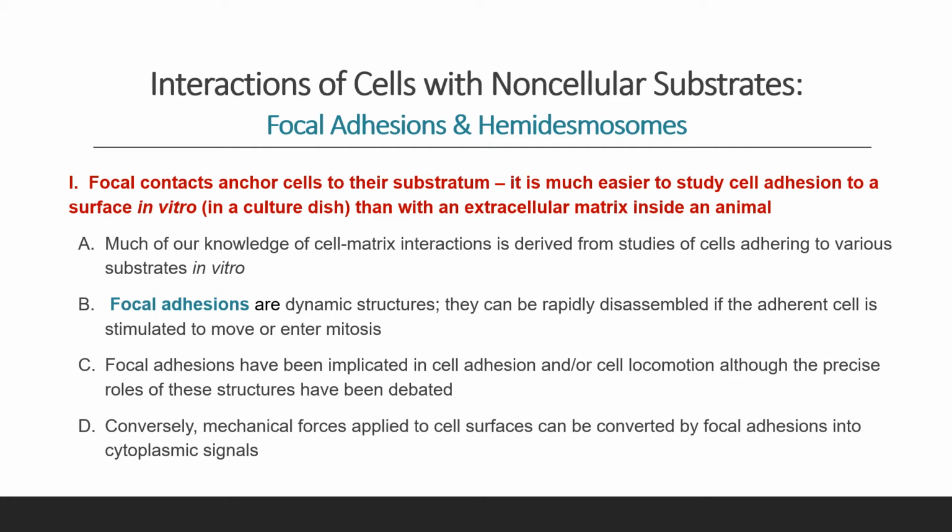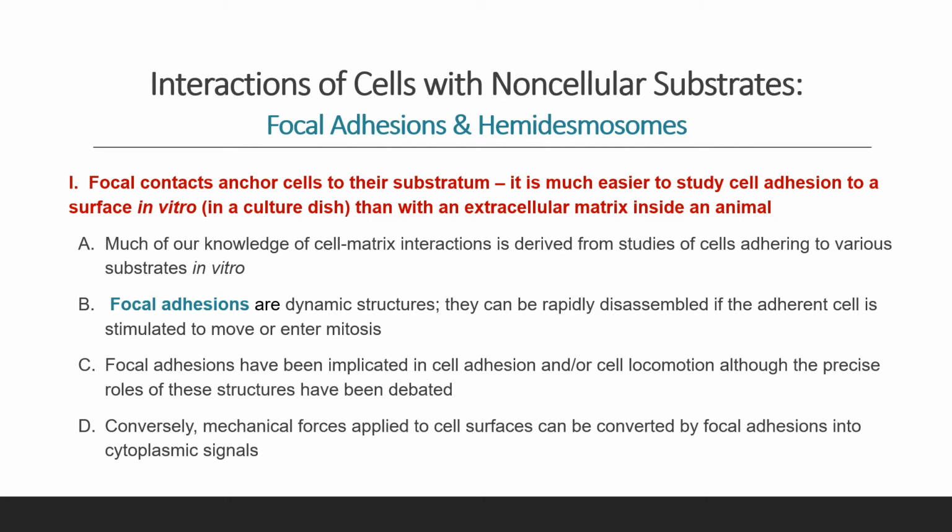So much of our knowledge of cell-matrix interactions is derived from studies of cells adhering to various substrates in vitro. Focal adhesions are dynamic structures, and they can be rapidly disassembled if the adherent cell is stimulated to move or enter mitosis.